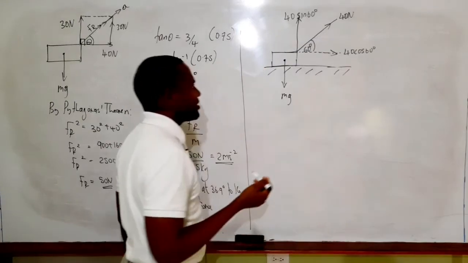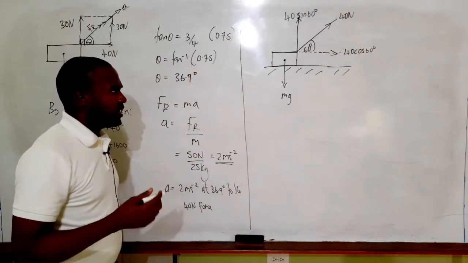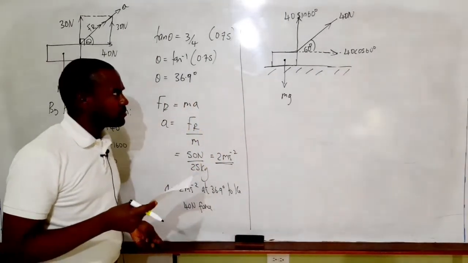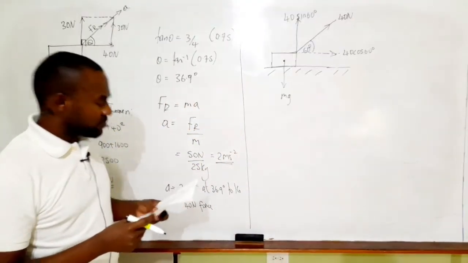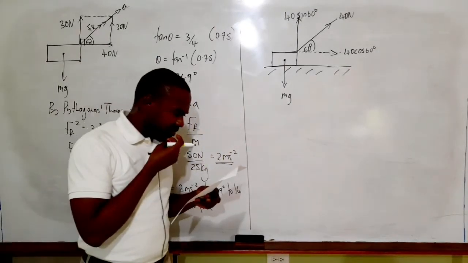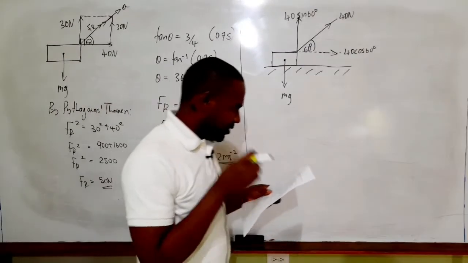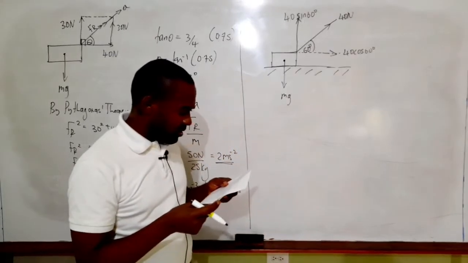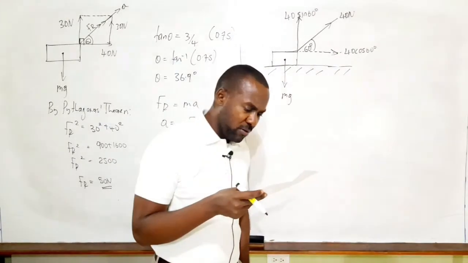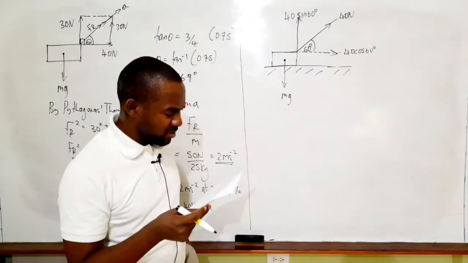So having done that, we can then proceed to calculating the acceleration of the body. They want us to find the acceleration of the body. What we're told is that it is being pulled along smooth horizontal ground by means of a force of 40 newtons acting at 60 degrees above the horizontal, right?